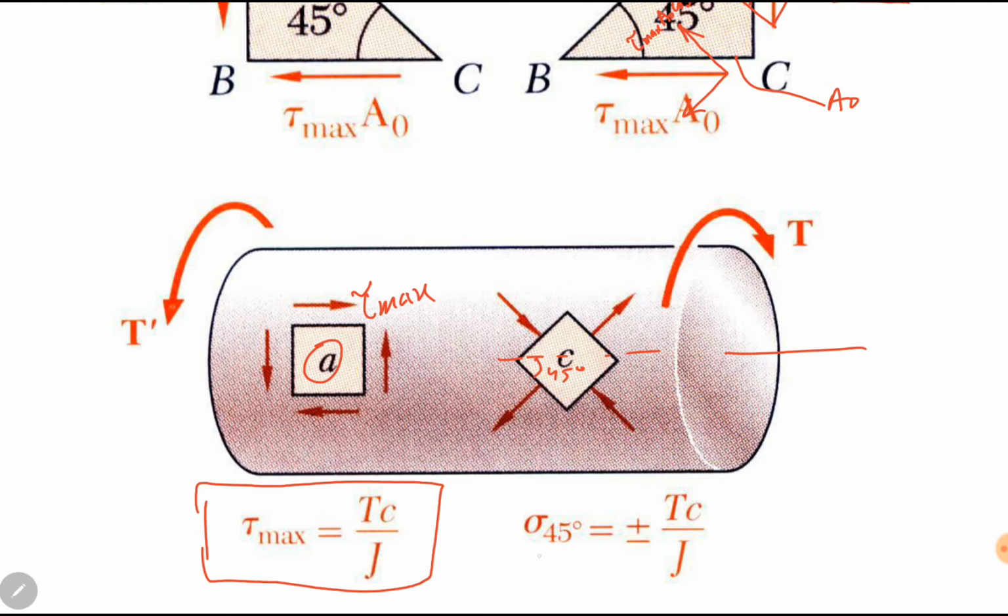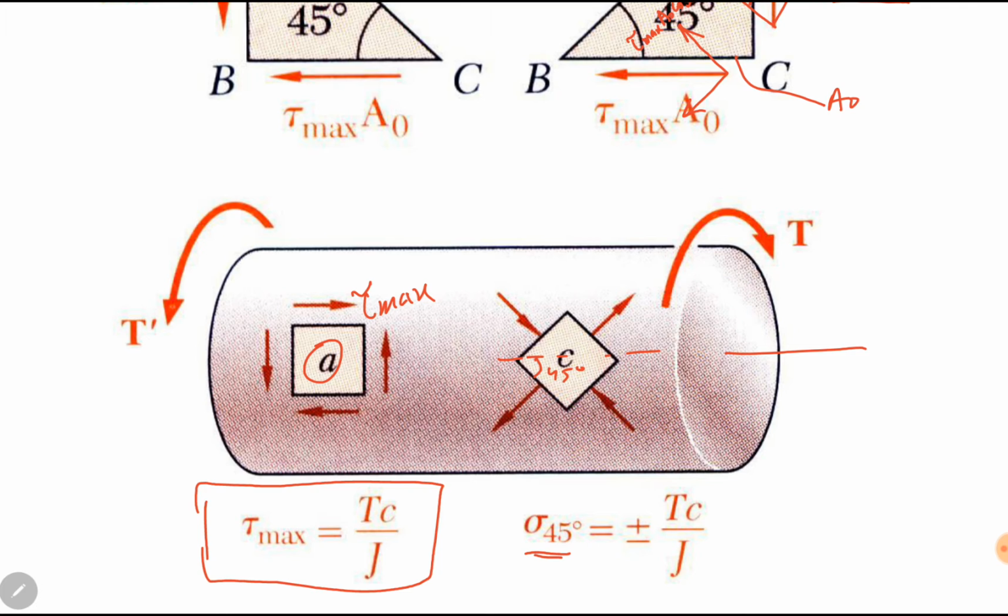Normal stress at an angle of 45 degrees will be Tc over J. It will be positive on one plane, and it will be negative or compressive on the other plane.